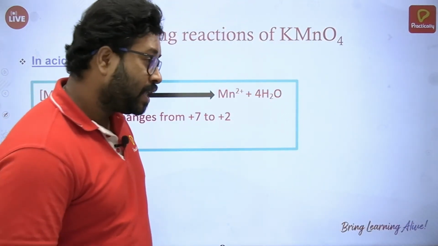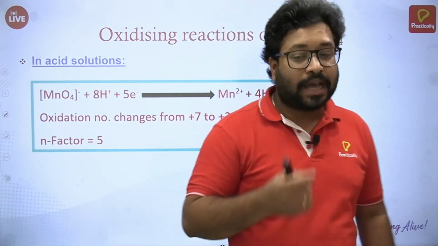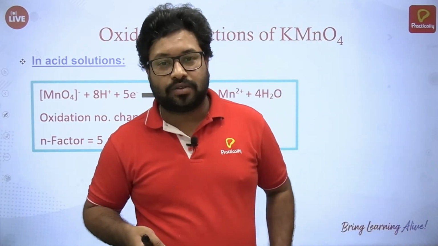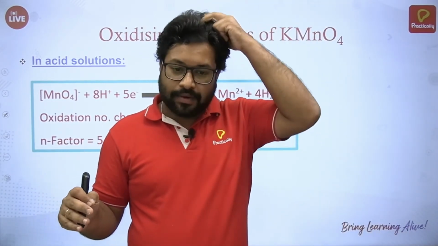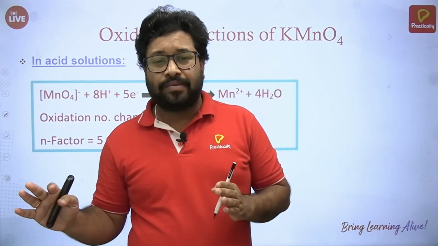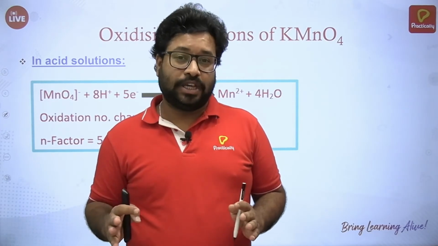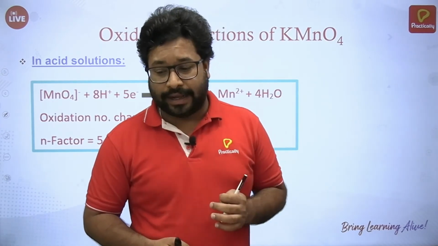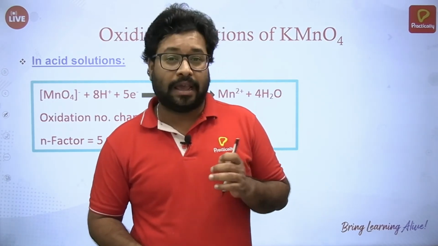Now see, K2Cr2O7 or potassium dichromate was an oxidizing agent only in acidic medium. Whenever you change it to basic or neutral medium, it cannot act as the oxidizing agent. But that is not the case for KMnO4.